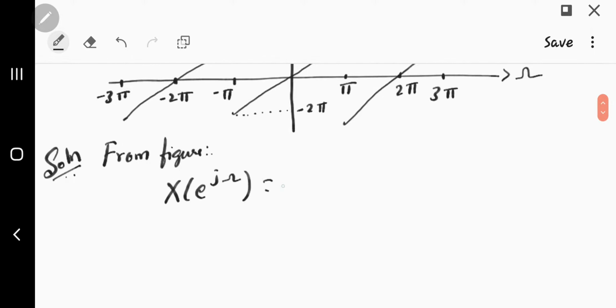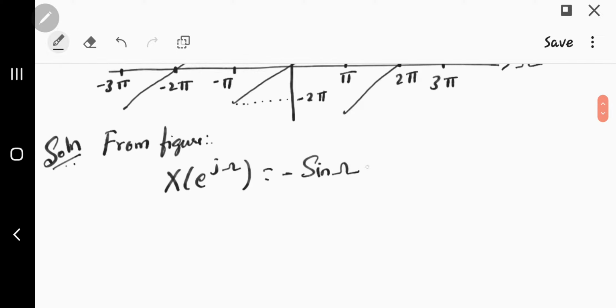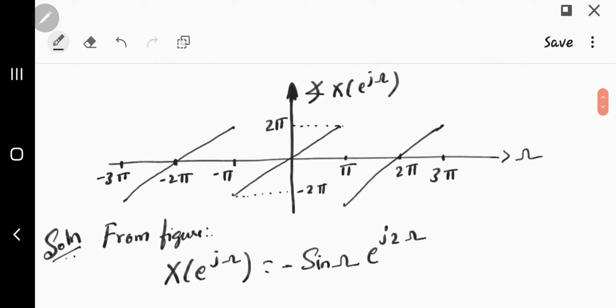So from minus pi to 0 we have minus sine omega e to the power of j 2 omega. You may be wondering why we have e power j 2 omega. That is mainly because of the phase of the signal.